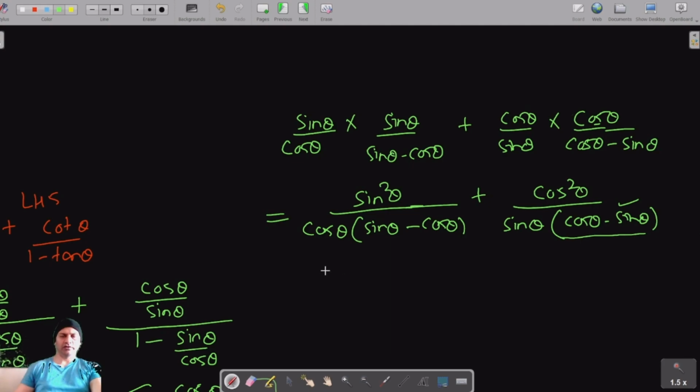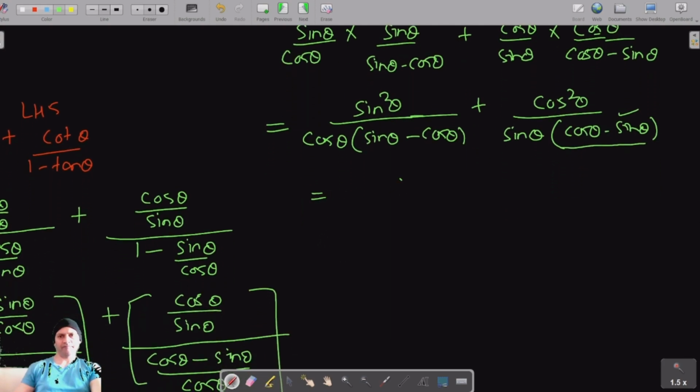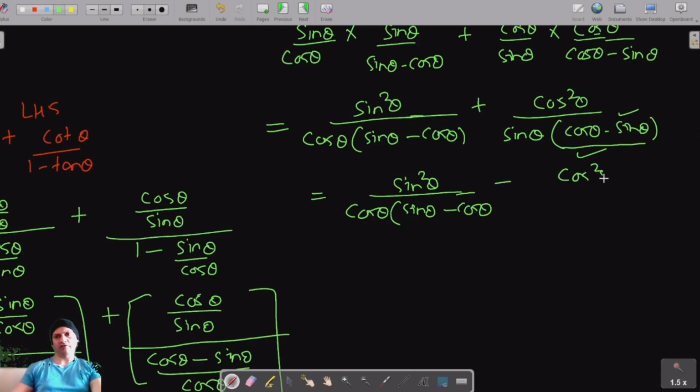But still, this will be sine squared theta over cos theta, so sine theta minus cos theta. And if you take the negative out, plus minus is minus, and this is cos squared. So we have taken the negative out from this term, then this will be sine theta minus cos theta.